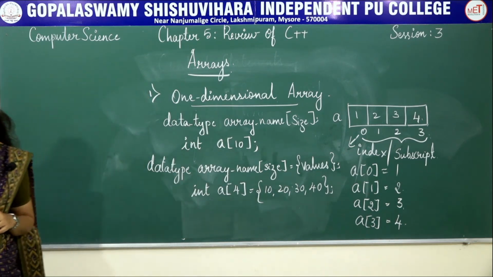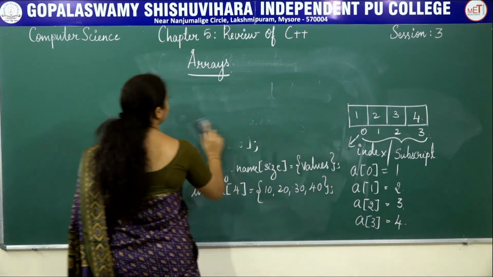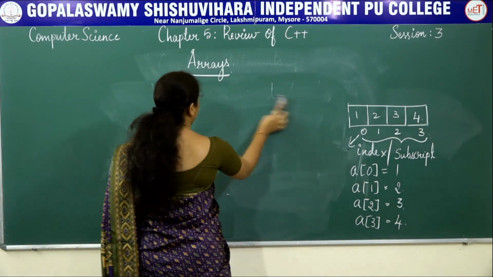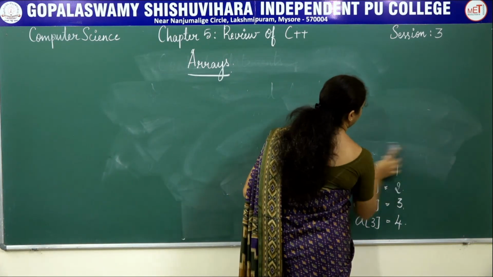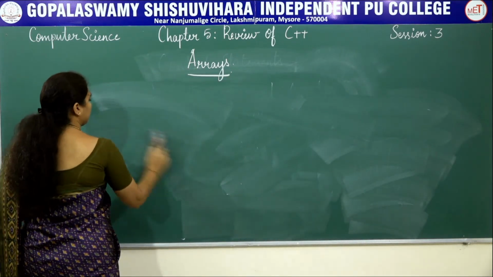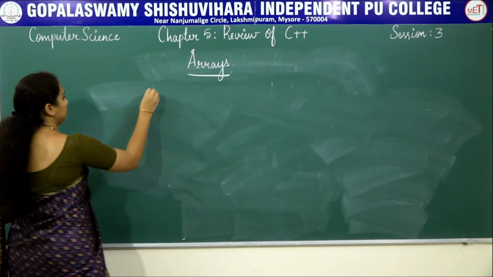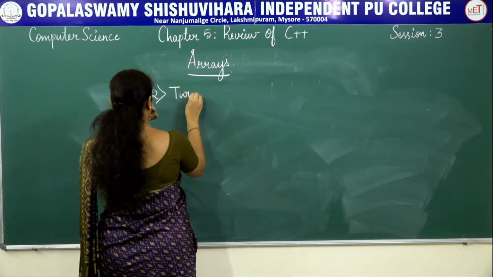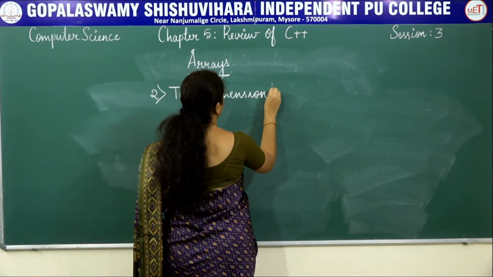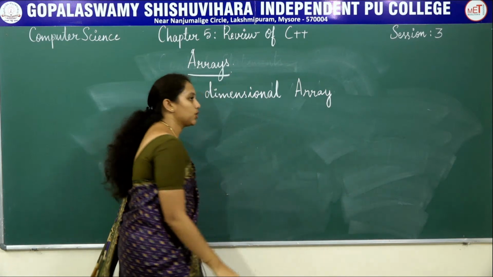Next type is two-dimensional array. What is a two-dimensional array?